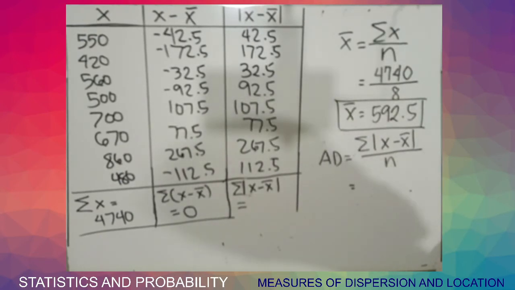Ay, ulitin natin. Nalito ako. So, 42.5 plus 172.5 plus 32.5 plus 92.5 plus 107.5 plus 77.5 plus 267.5 plus 112.5.